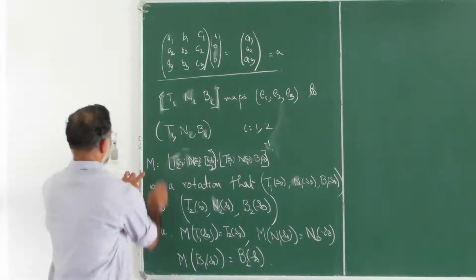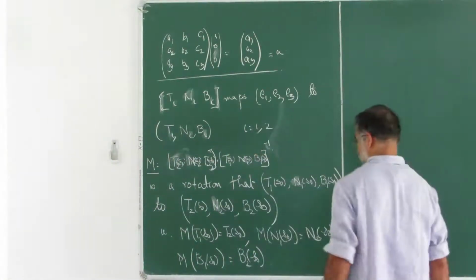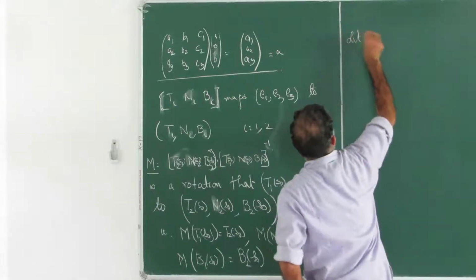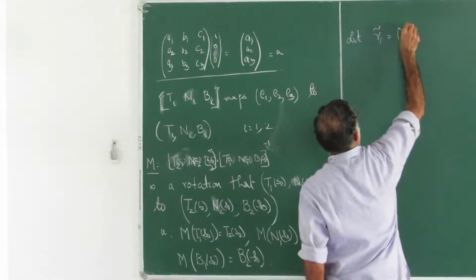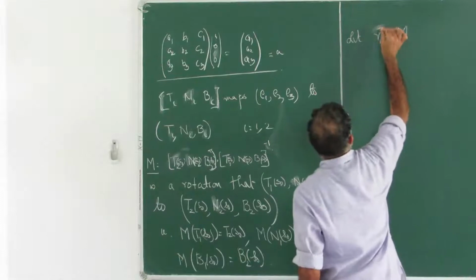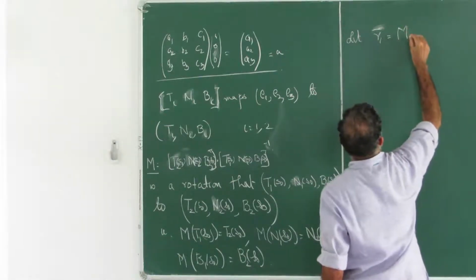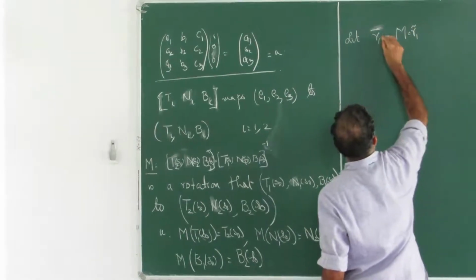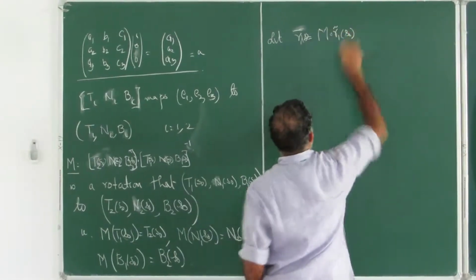So this rotation M is going to play a role. We are going to rotate the curve gamma 1 with that. So, tilde we used for that, so gamma 1 bar is equal to M composed with gamma 1 tilde, at every point S.